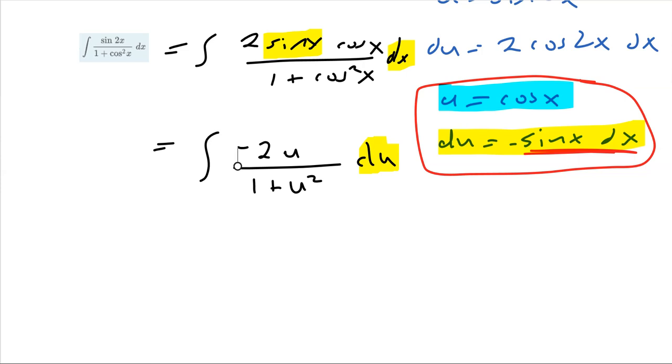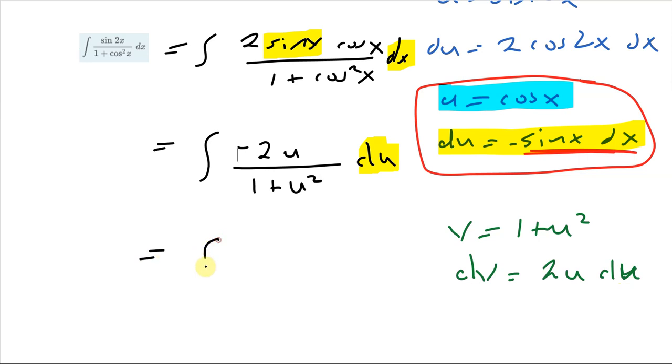But what I'm noticing now is I'm going to use a different variable. Instead of u, I'm going to use a v. If that's 1 plus u squared, then dv would be 2u du. Okay? And then I can see that again, saying, okay, well, that would be a negative 1 dv over v.